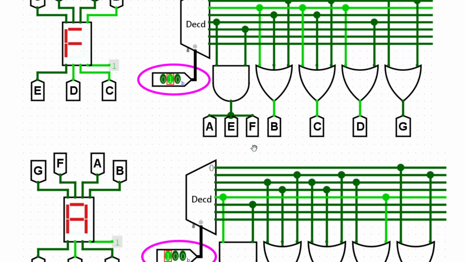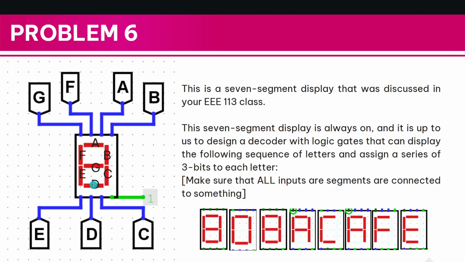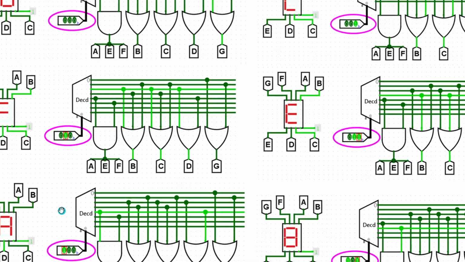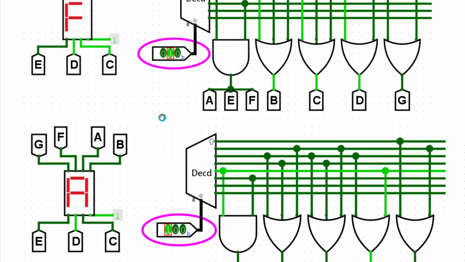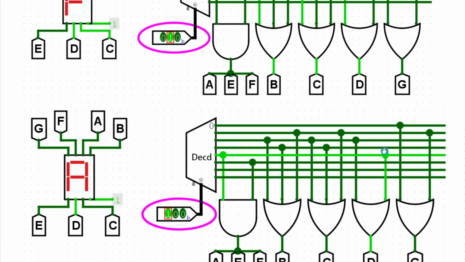And for A, the same concept applies. We want to enable D so that it turns off. And then I assigned that to 3 for no apparent reason, but you can see the thought process, how it's coming to life. So for D, we want it to be enabled.